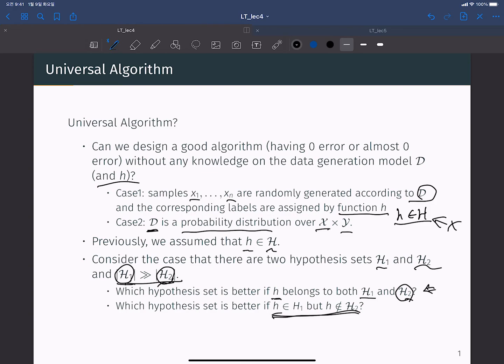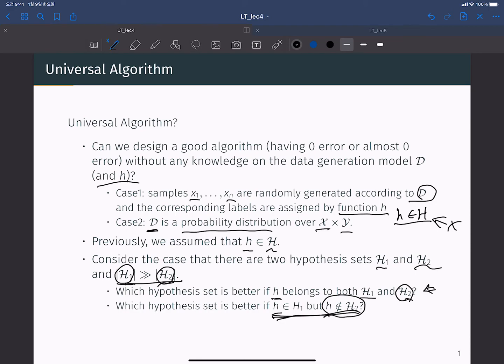In that case, although we require more samples to guarantee epsilon accuracy, since H1 has the true hypothesis H that makes a zero test error, we have a benefit.